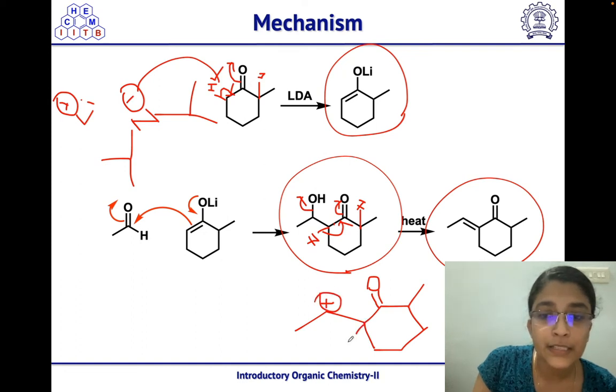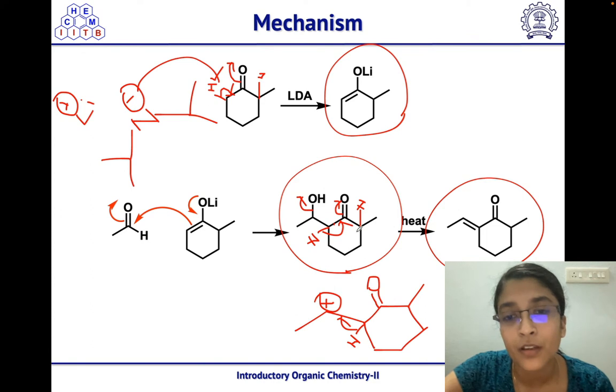Then this proton will be removed so as to neutralize this carbocation, and we will get the species. Is it clear now? Hello?